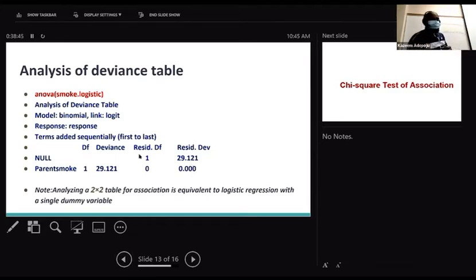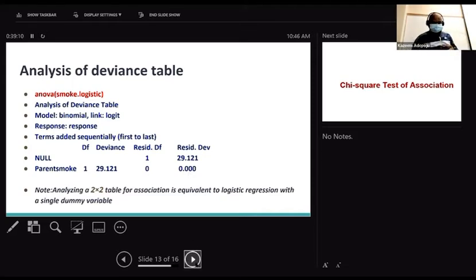It's like comparing the model with parent smoke against an intercept-only model. And what is the p-value now? As you can see here, you have 0.000, which is less than any reasonable level of significance. What does that indicate? It means the model is fantastic.